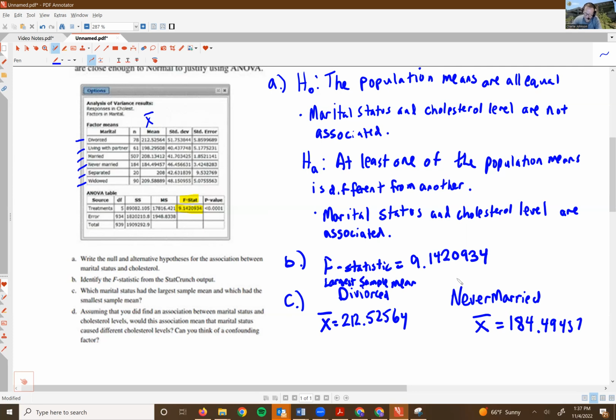And the smallest sample mean was never married at 184.49457.